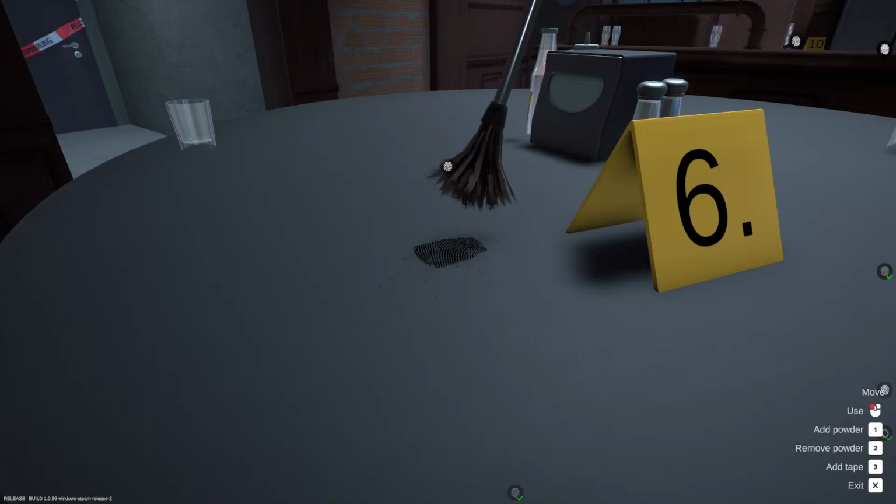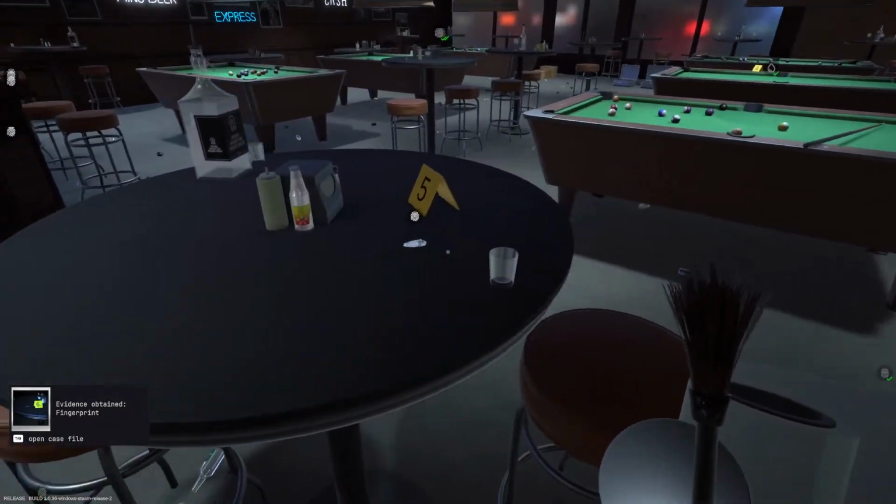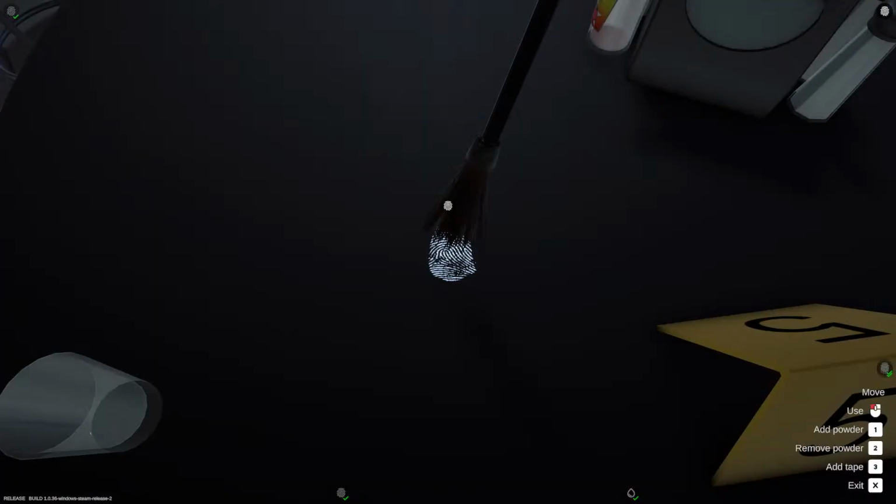So the bartender and the waitress both gave us their fingerprints and DNA. So some of these are probably going to match theirs.